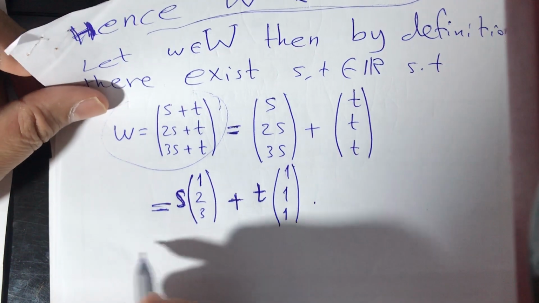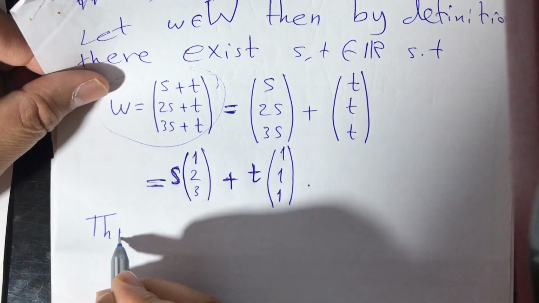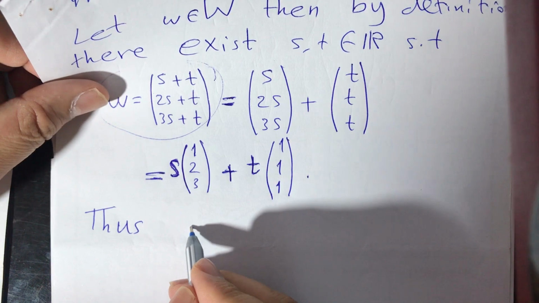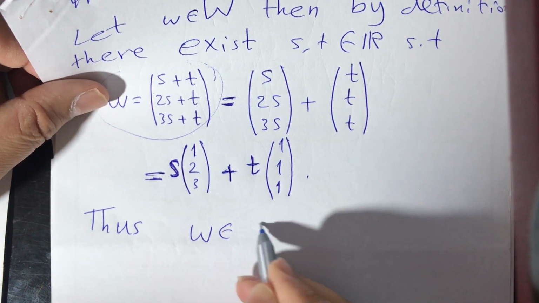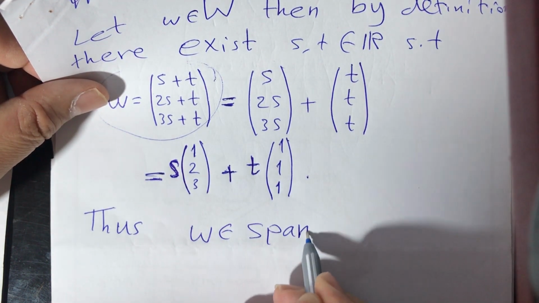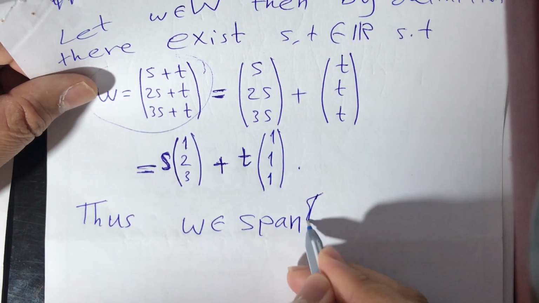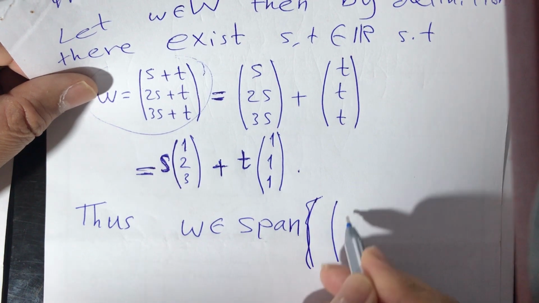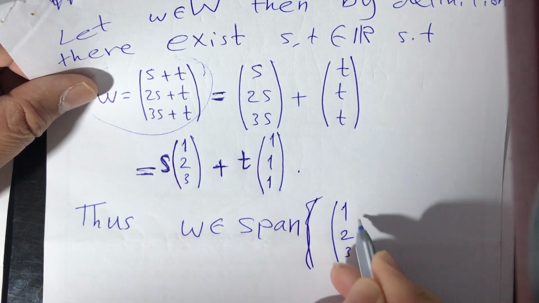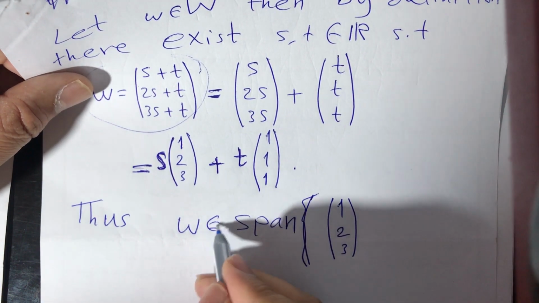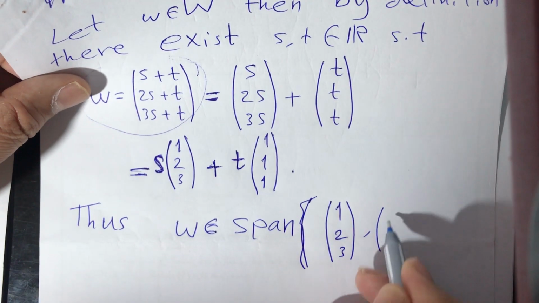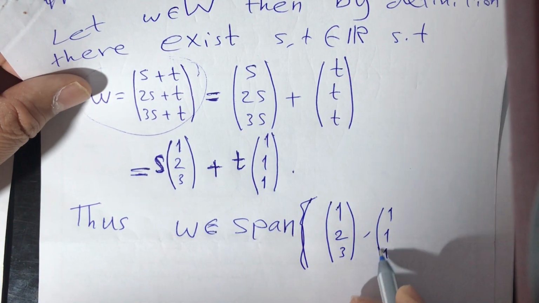Thus W belongs to the span of this set, span of (1, 2, 3) and (1, 1, 1).